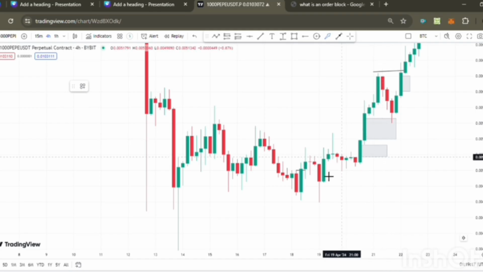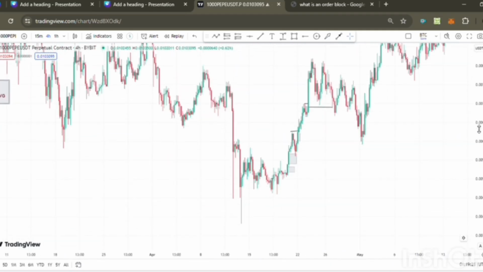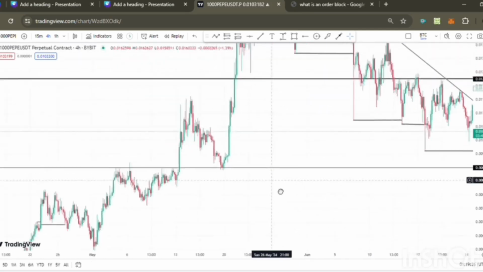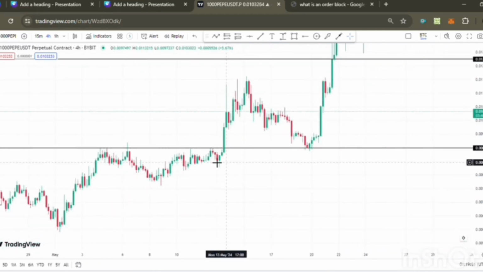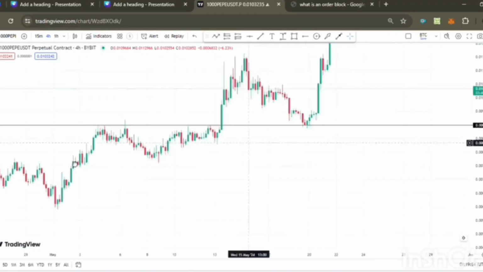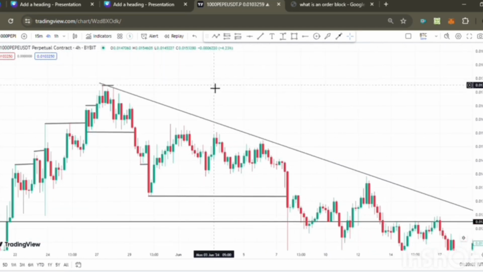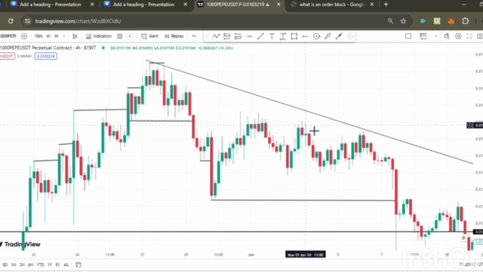So let me use another one. Okay, I think I will use the bearish trend tool to indicate this mid body entry.